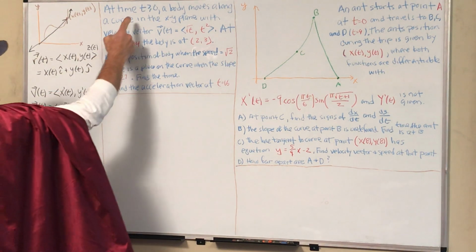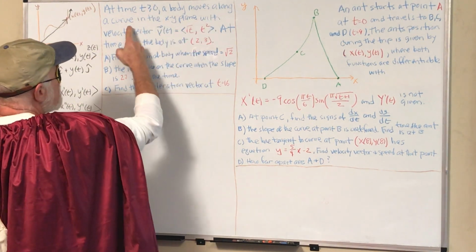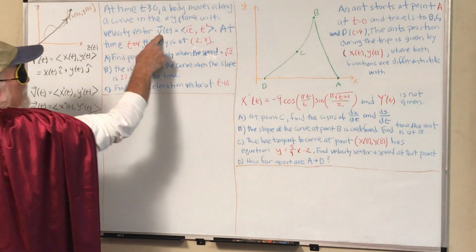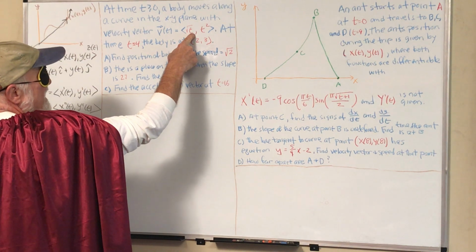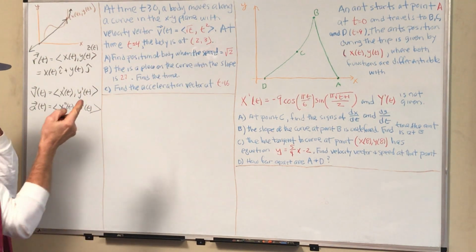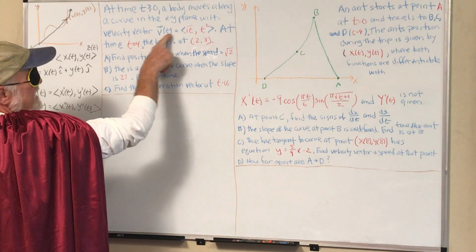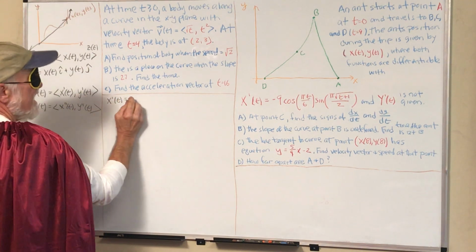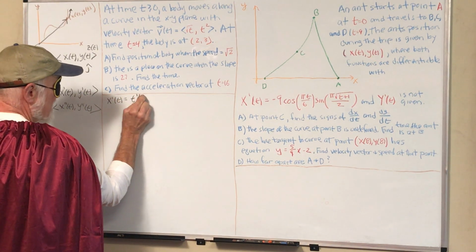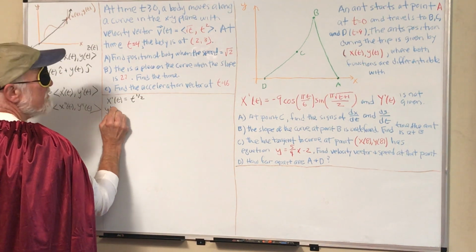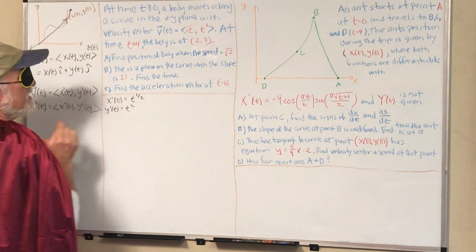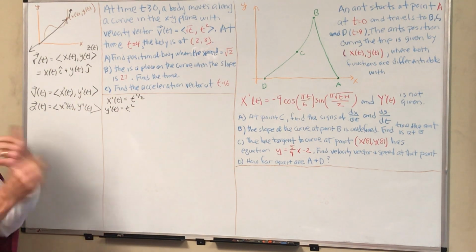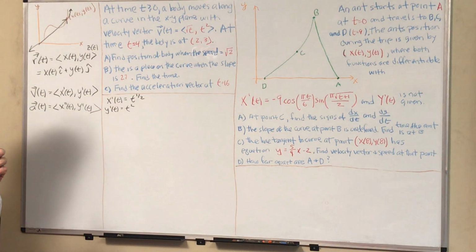Well, here's one. At time t greater than or equal to 0, a body moves along a curve in the xy plane, and you have its velocity vector. Well, I don't even have to mention vectors as long as you know what this is. You know that if this is the velocity vector, basically x prime of t, or dx dt, is t to the 1/2, and y prime of t is t squared. So we're kind of starting off where we often do, where we know something either about x of t and y of t or about their derivatives.